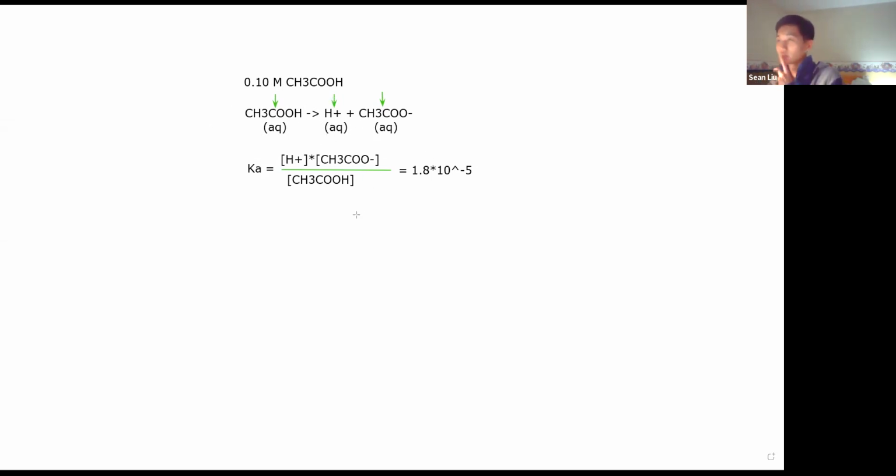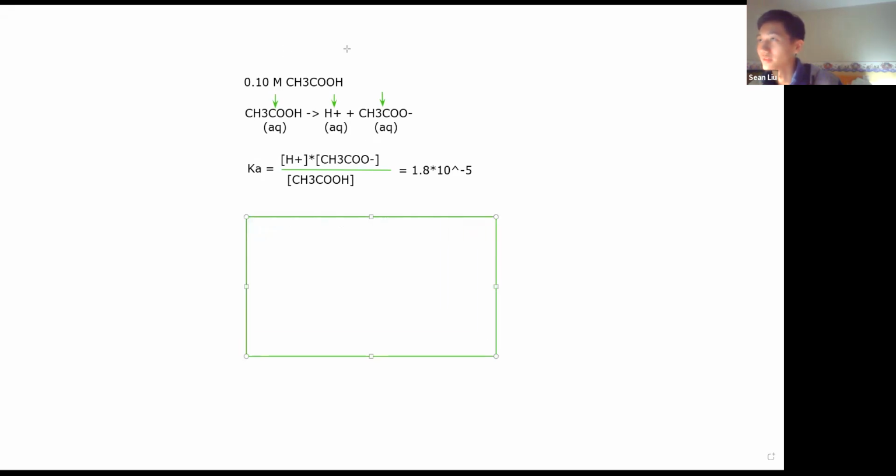Okay, so we can express this in our Ka reaction. Actually, let me do it the standard way that most people do. I'm going to build what's called a rice table, and I'll explain what that means. I'm just going to quickly make it.